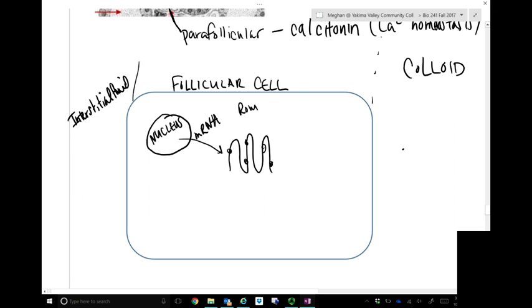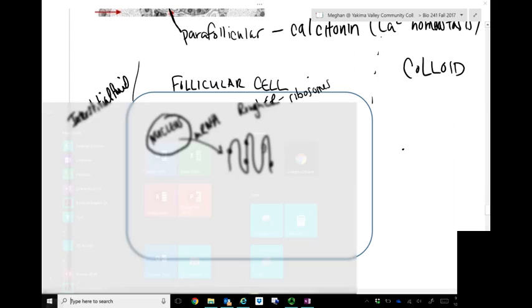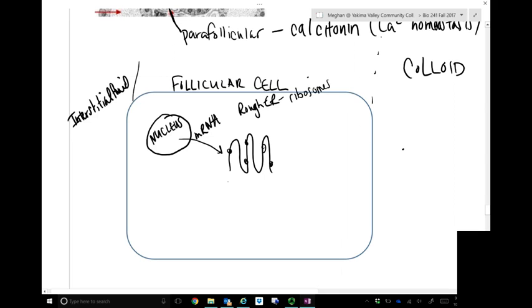And the rough ER is going to make a precursor hormone called thyroglobulin, which is a precursor.